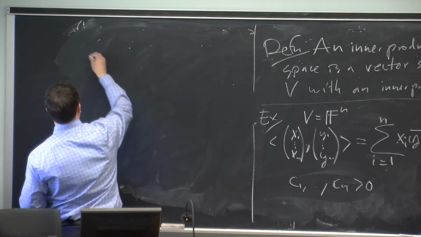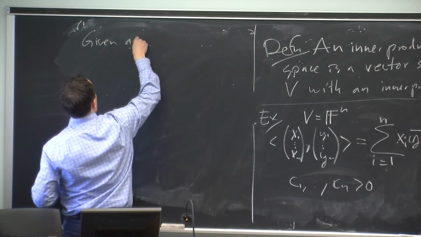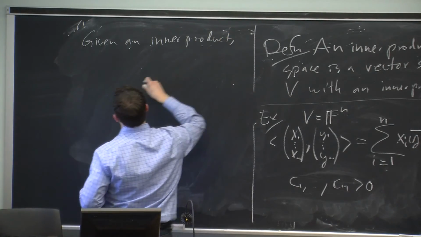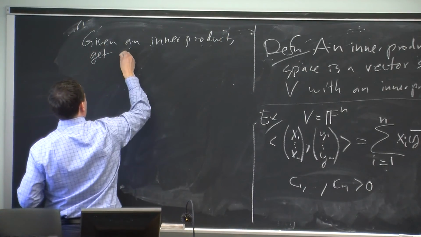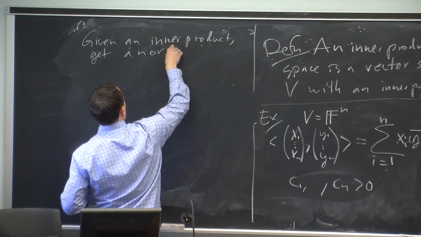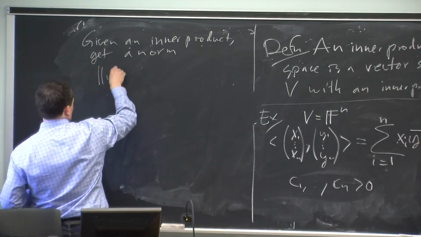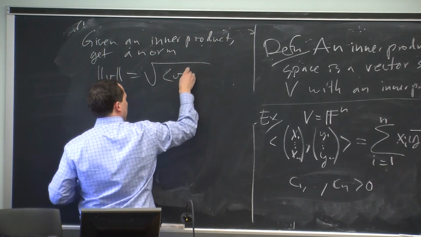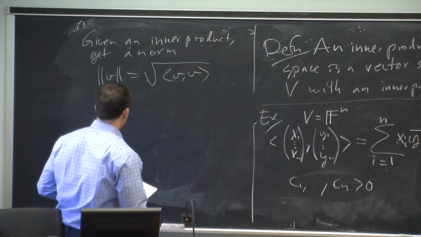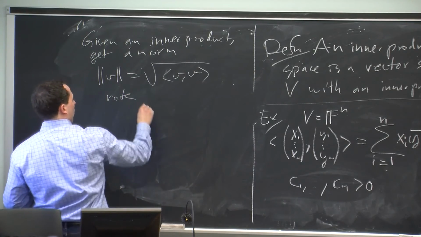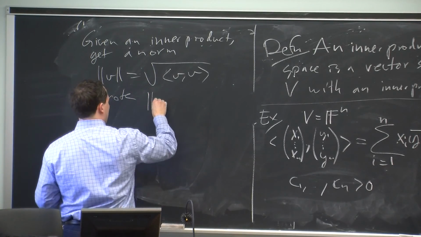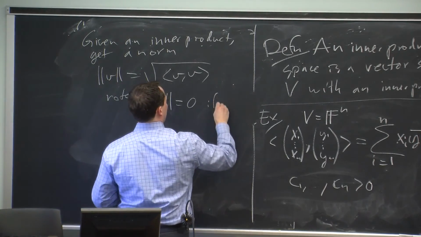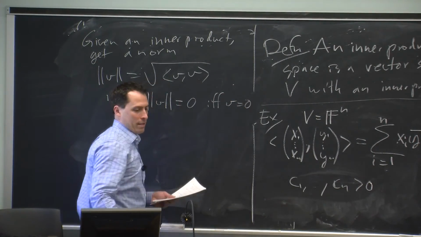So every inner product we get defines a norm or a length function, which is just the square root of the inner product of the vector with itself. And note that the axioms for the inner product tell us that the only way I can get something of 0 length is if V is already 0.